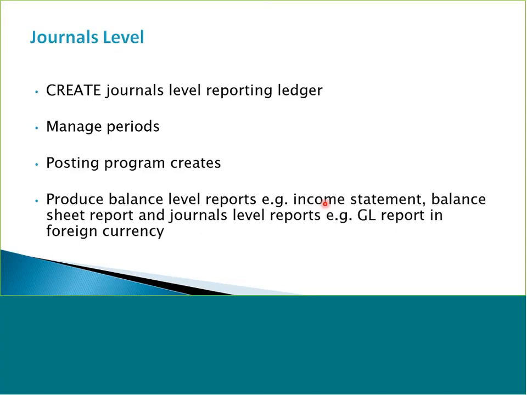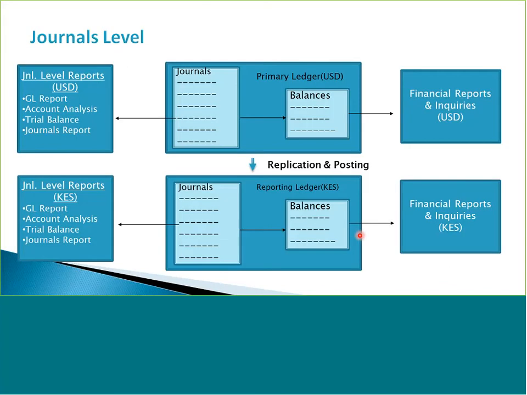So we can see balance level reports such as income statements and balance sheets, and we can also see journal level reports such as the GL report and account analysis reports. So that is the journals level reporting currency ledger.